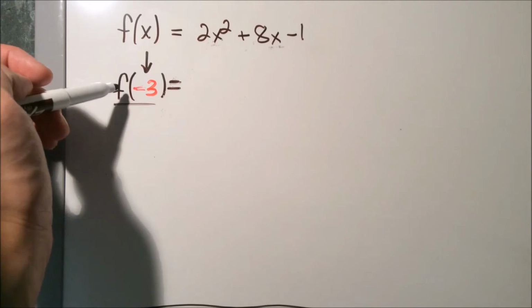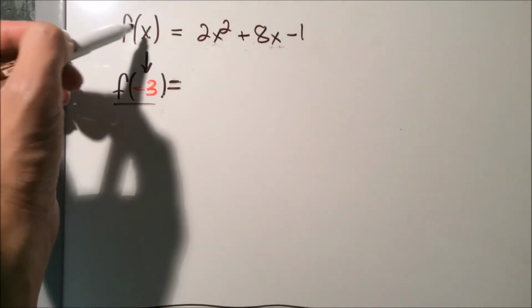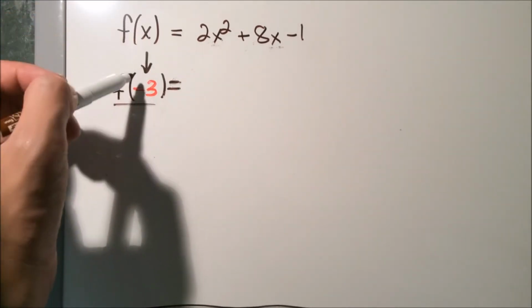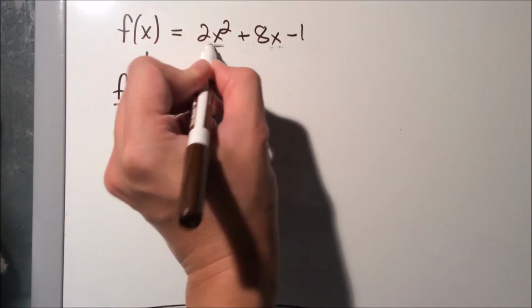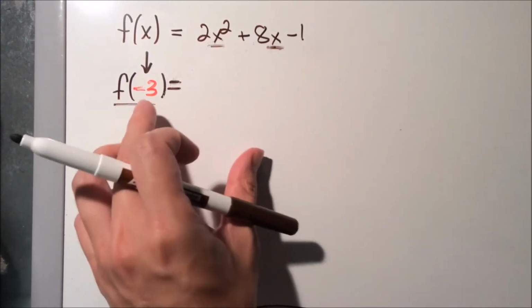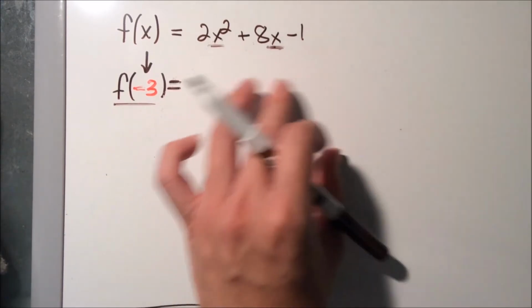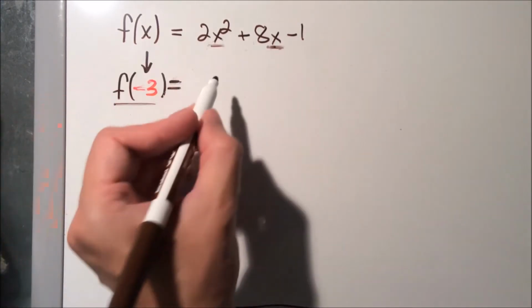So when it's asking for f of negative 3, all you're doing is replacing x with negative 3. That's the change. So all my x's here are going to be replaced with negative 3, nothing else. Everything stays the same.